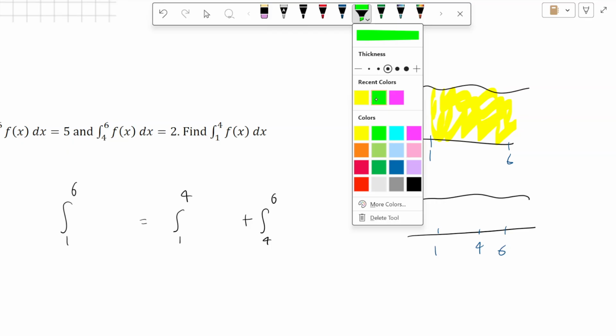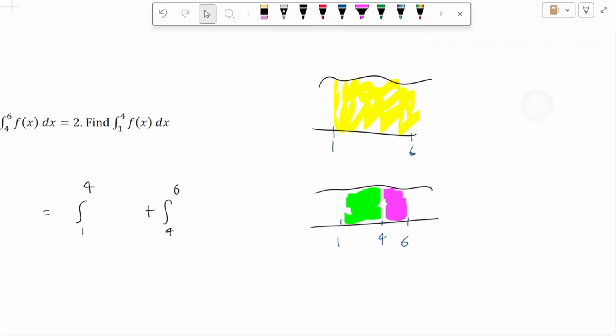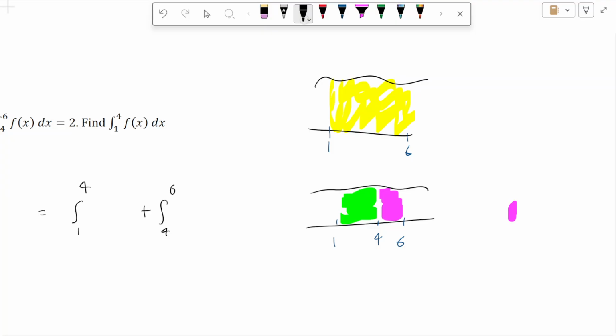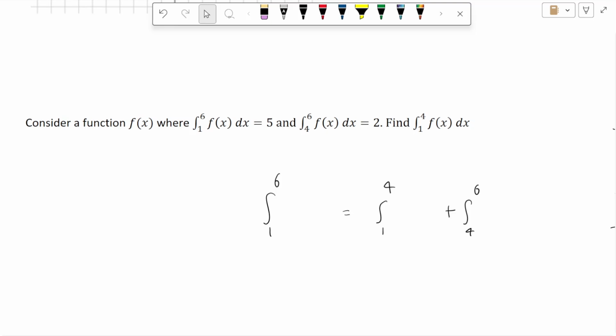And I could get this green area and this pink area. And basically what I'm saying is that the green area plus the pink area must equal the yellow area. So you're splitting up into 2 pieces. And that's perfectly valid to do.